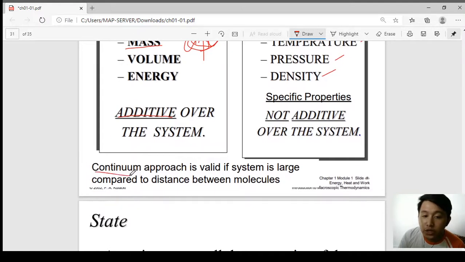So we have the continuum approach, which is valid if the system is large compared to the distance between molecules. So what is this continuum? We have the macroscopic approach and the microscopic approach. Actually, the continuum approach is somehow still macroscopic, but we treat the molecules in a system as continuous.